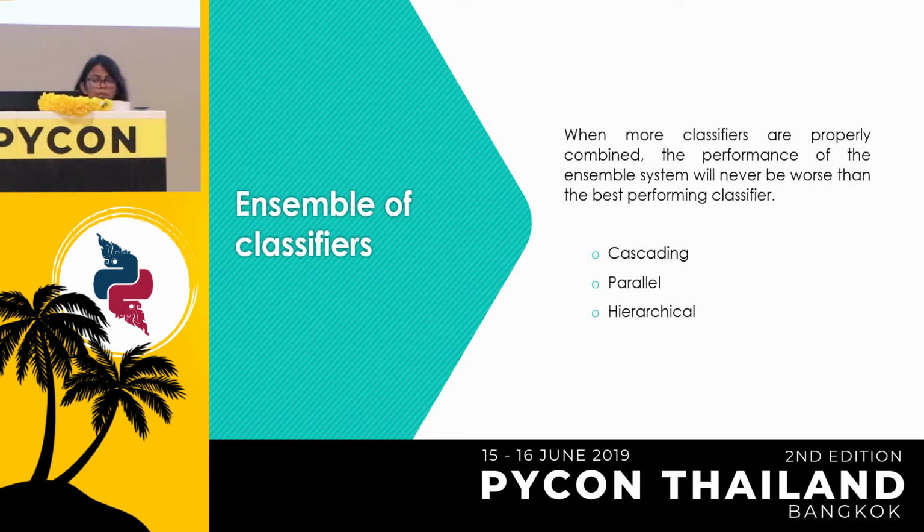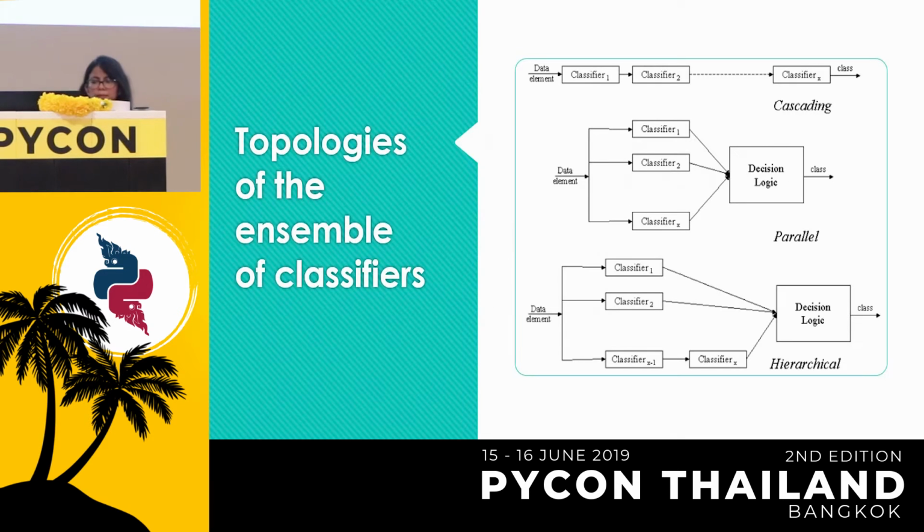And for the other techniques is the ensemble of the classifiers. With this, there is a lot of literature here, but what we do here is to combine models, and there are different types of topologies.